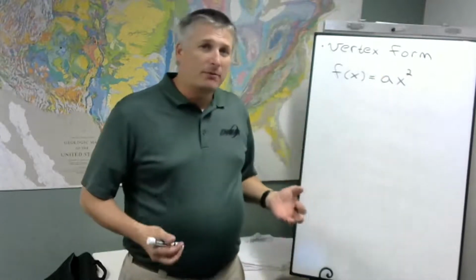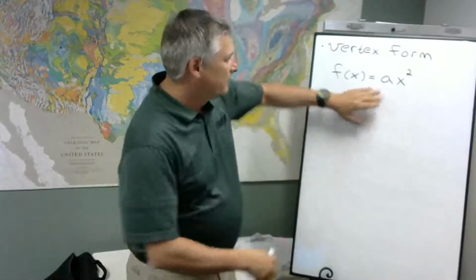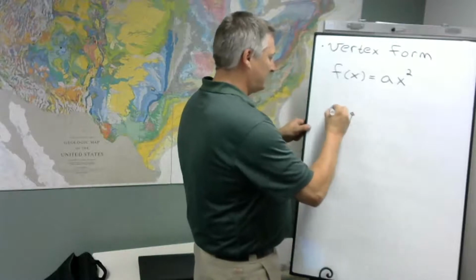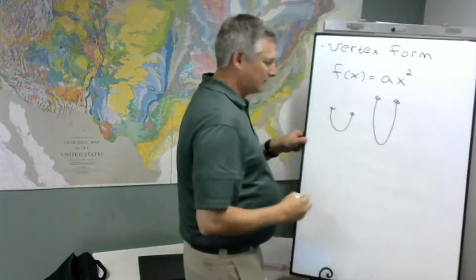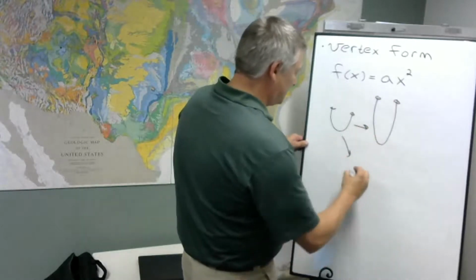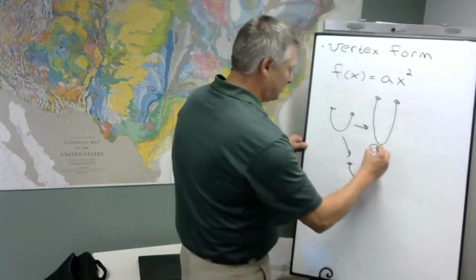And if you remember from our section on transformations, if a is bigger than 1, you'll take the standard function of x squared and you'll stretch it vertically. If a is less than 1, then you'll squish down this parabola like so.